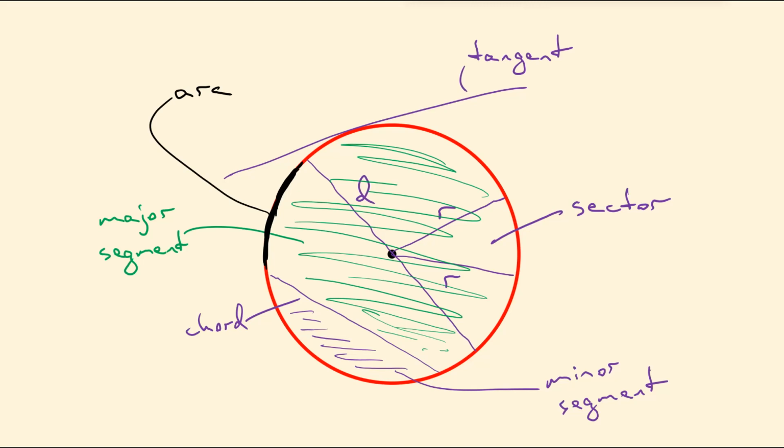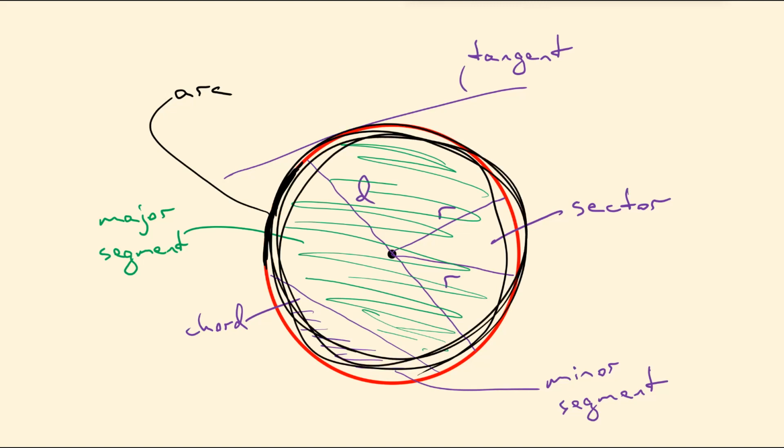And of course, if we went all the way around like this, that is the circumference. So there you go. There are our 8 bits and bobs of a circle.